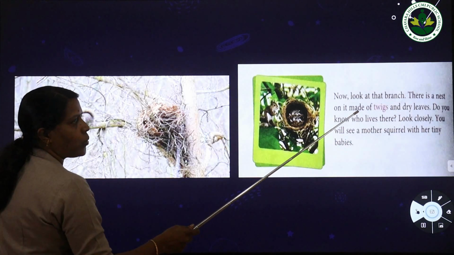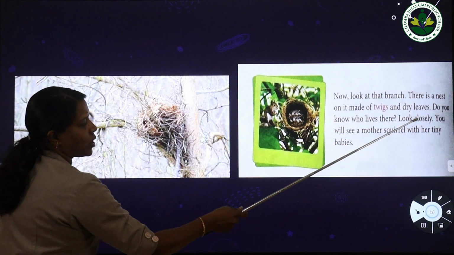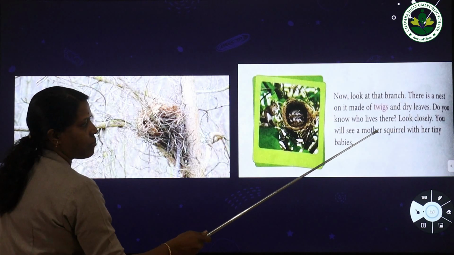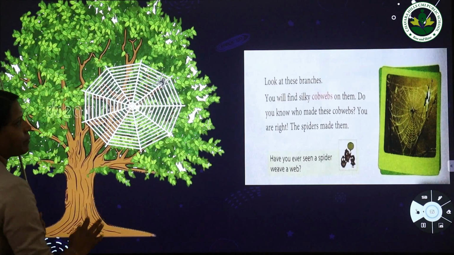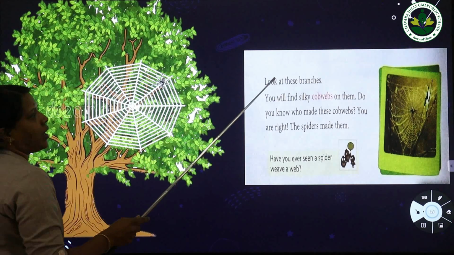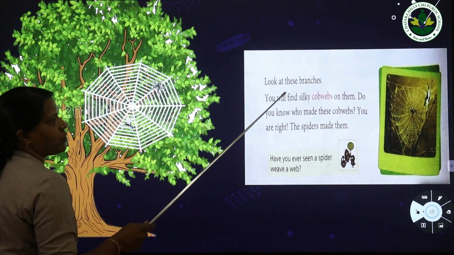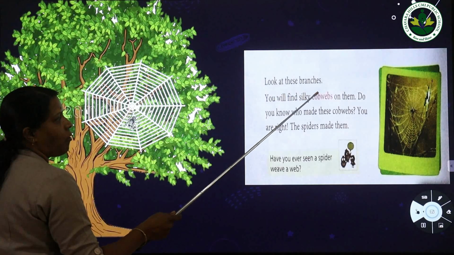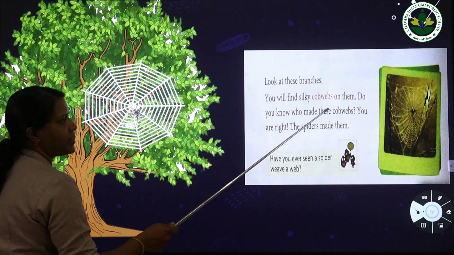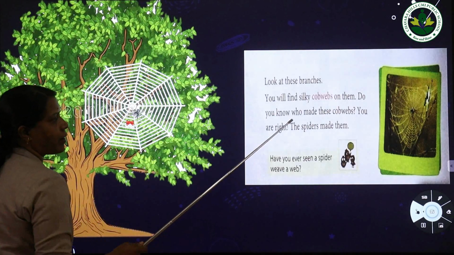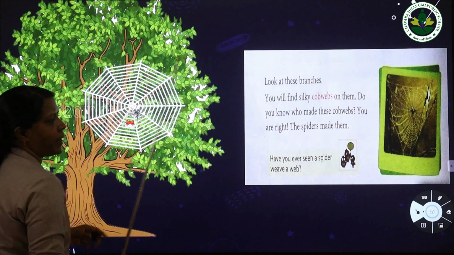Do you know who lives here? Look closely. You will see a mother squirrel with her tiny babies. Look at these branches. You will find silky cobwebs on them. Do you know who made these cobwebs? You are right, the spiders made them.